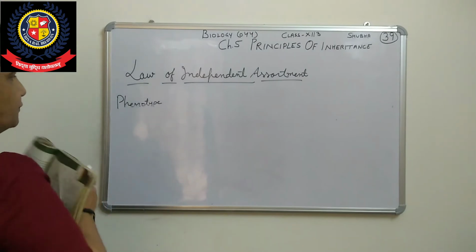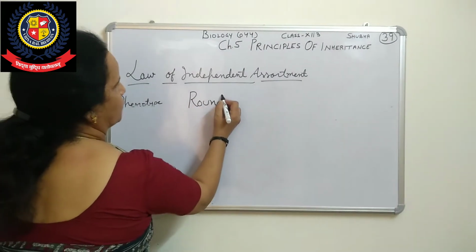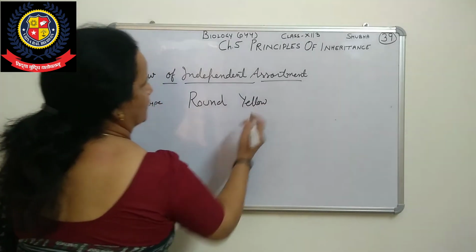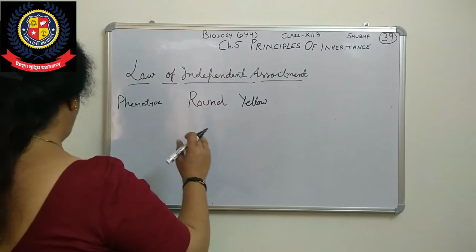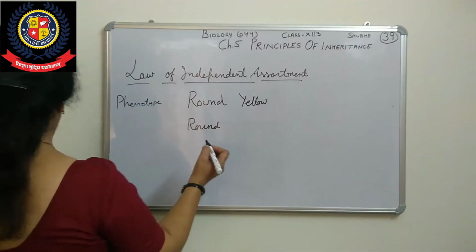First one we have got round and yellow. First one, with that seeds are dominant traits, round and yellow. Now second one we have got round and green.